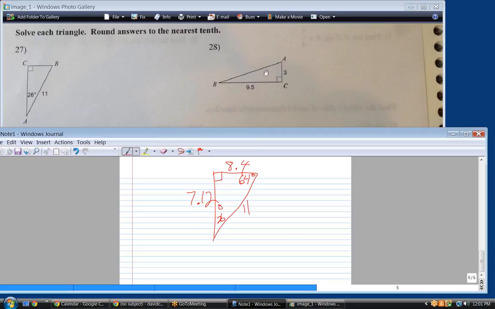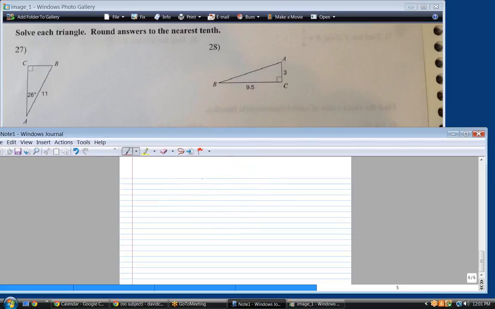In other words, on this one here, number 28, we're not going to use the Pythagorean theorem because that's not going to tell us what these two angles are. How am I going to solve for angle B? Which trig function? Think in terms of trig functions now.